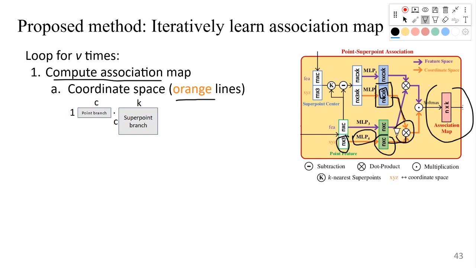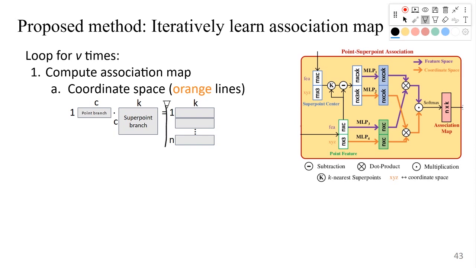And to get this, we do matrix multiplication, right? It will be 1 by K. And then we repeat because we have N number of points. We repeat again, and finally we have the number of points by K. We get this association map here, N by K. But we get this association map by only considering the original coordinate XYZ space, not the feature space.